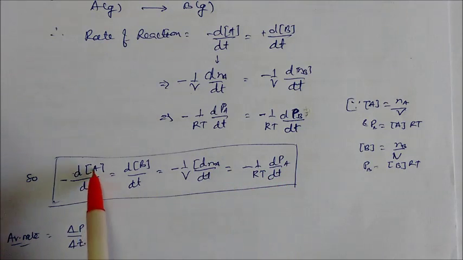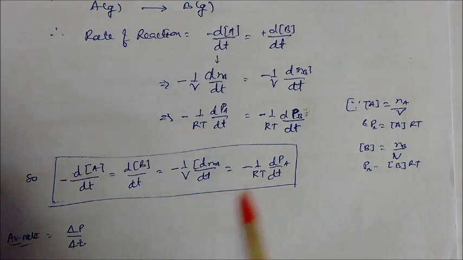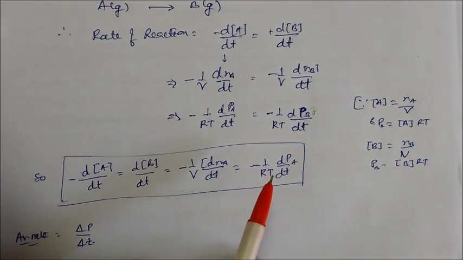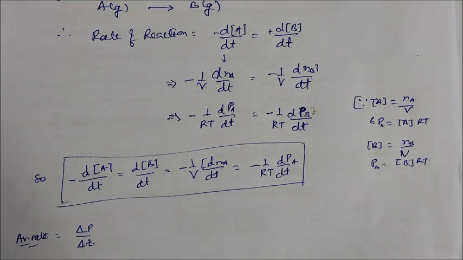So in terms of concentration, in terms of moles, and in terms of pressure, all will be equal to each other. Similarly for the average rate, we can write delta P by delta t. All this will be helpful in solving numericals. So just go through this once again very carefully so that you can solve any type of numerical very easily. I am also giving some numericals based on all these types of questions.